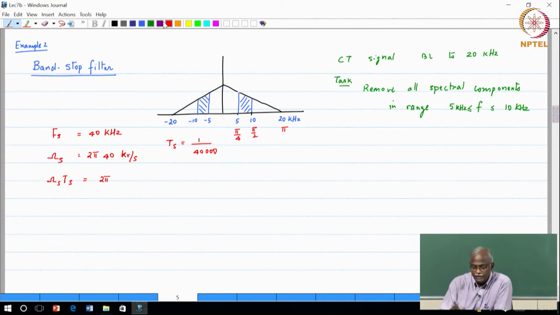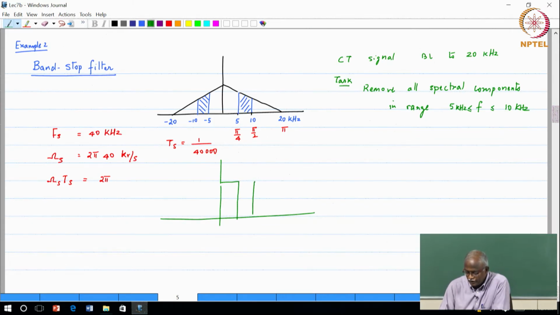So, the corresponding discrete time filter would be a band stop filter. I would pass all frequencies from 0 to pi by 4, cut off the frequencies from pi by 4 to pi by 2, and then allow the remaining frequencies, pi by 2 to pi, to pass through.